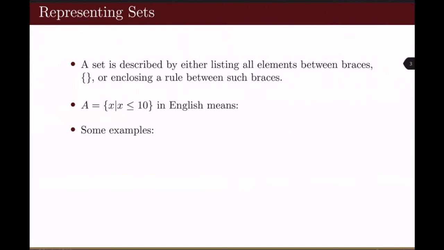When we're representing sets, a set is described by either listing all elements between braces or enclosing a rule between such braces. So an example of a rule would be the second bullet point here. A equals, and then we have the braces. It's read as x such that x is less than or equal to 10.